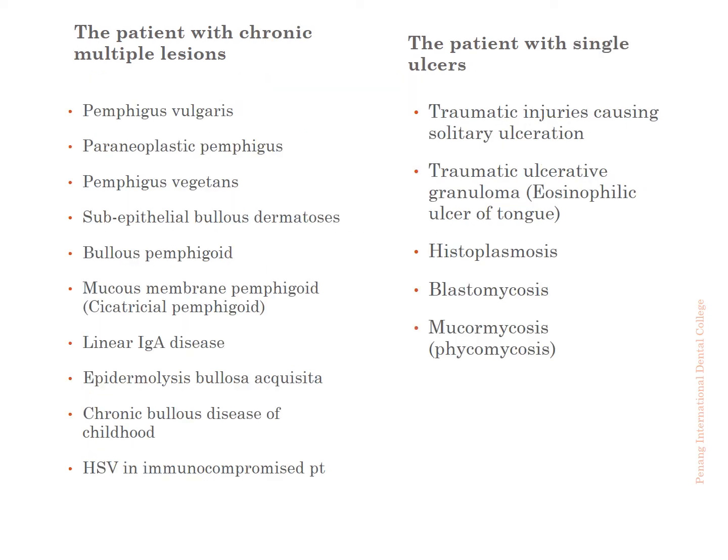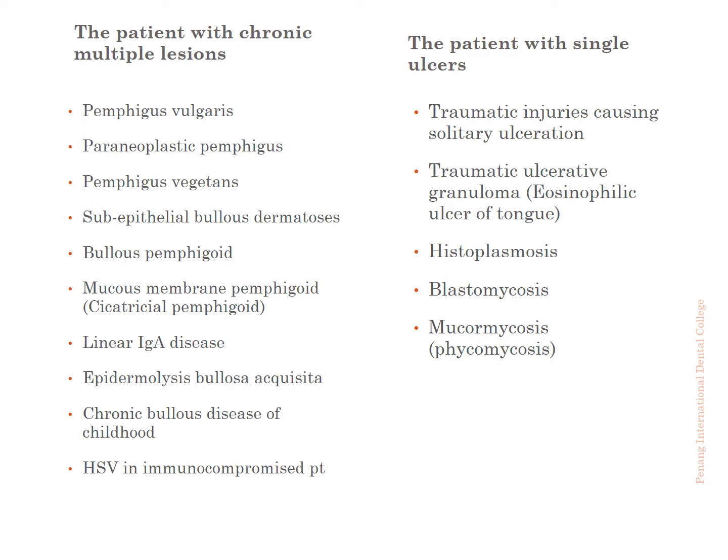Patients with chronic multiple lesions. Why are we using the term lesion here? Because sometimes in some cases they are preceded by vesicles, and then the secondary lesion that remains is an ulcer.